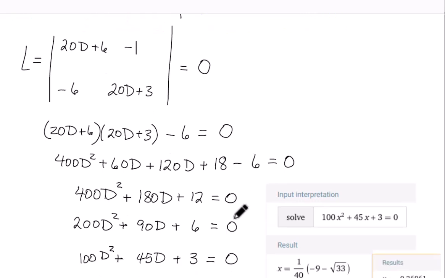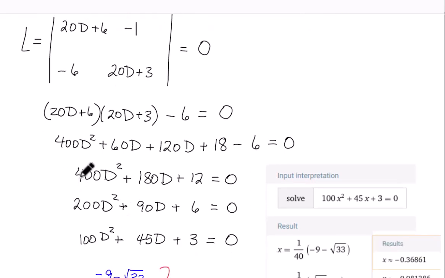I did reduce it. I could divide it by 2, and I saw I could divide it by 2 again. And so I get a quadratic equation, not factorable. So I do need to use the quadratic formula.